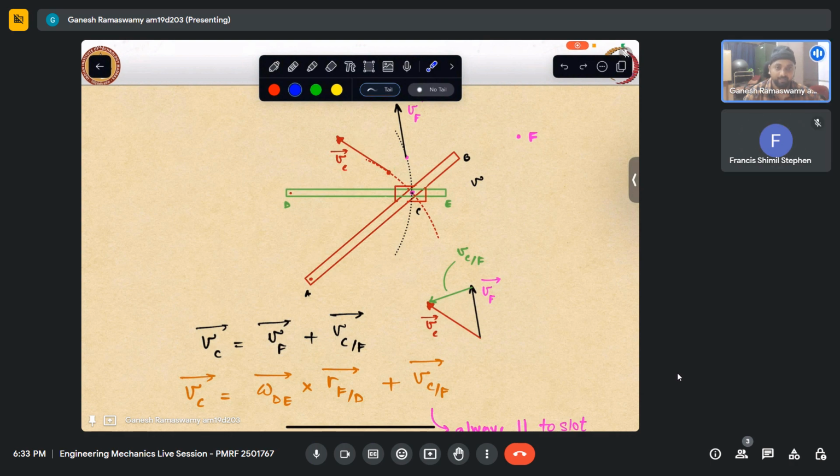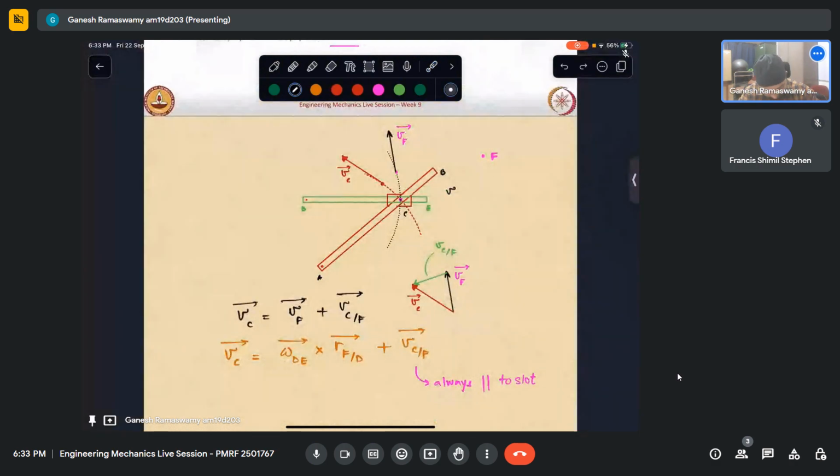No, I'm asking you the question. See, Coriolis only exists when a relative velocity exists. You understand? So if you are rotating with AB, let us say you attach a rotating frame of reference to AB, are you seeing C move somewhere?